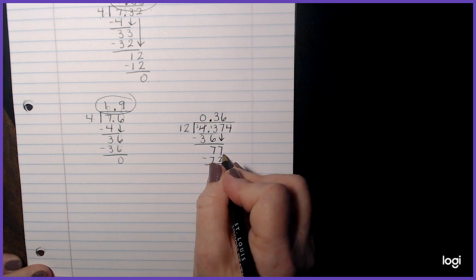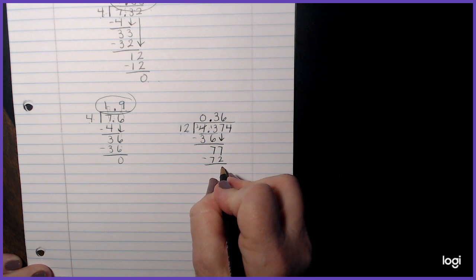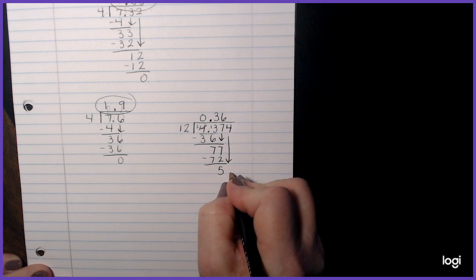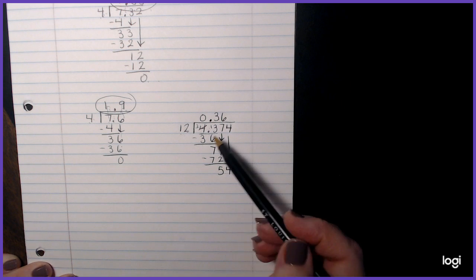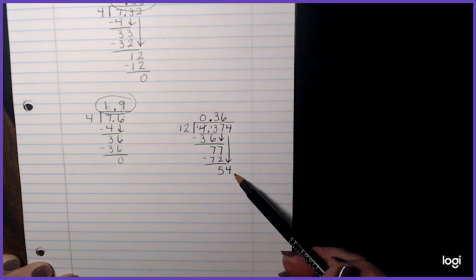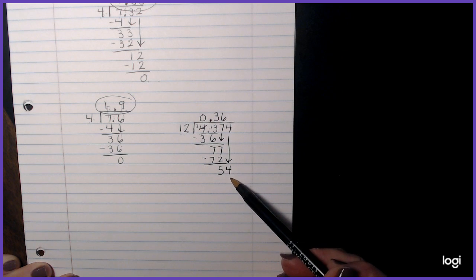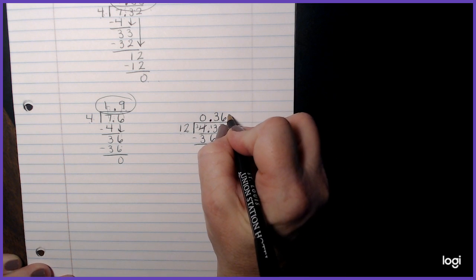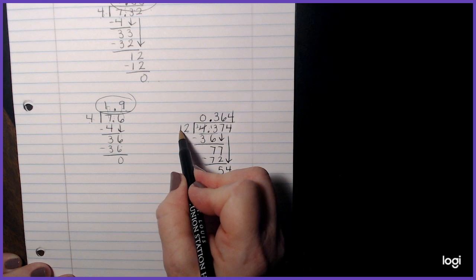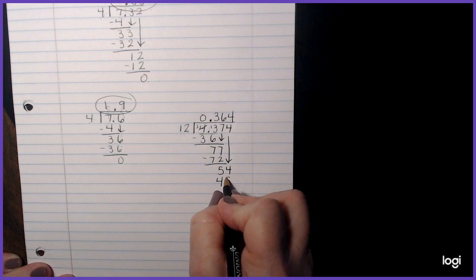So we'll subtract 7 minus 2 is 5, and we'll bring down one number. All right, so we look at 12 into 54. It looks like 12 5 times would be 60. That's too big. So we're going to have to do 4 times. 4 times 12 is 48.